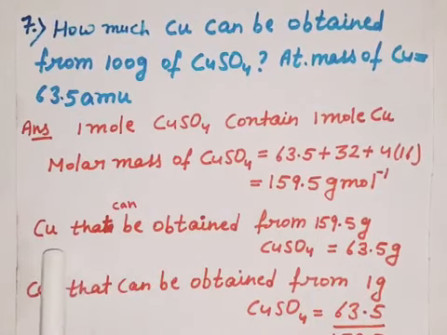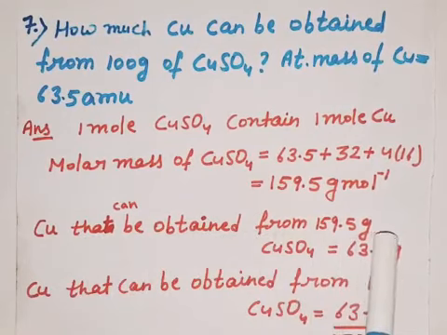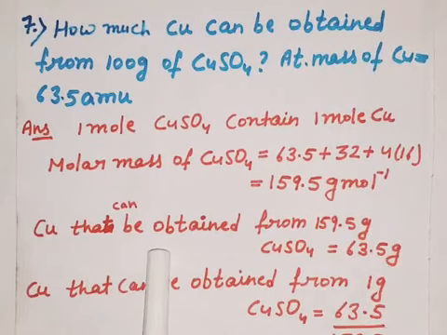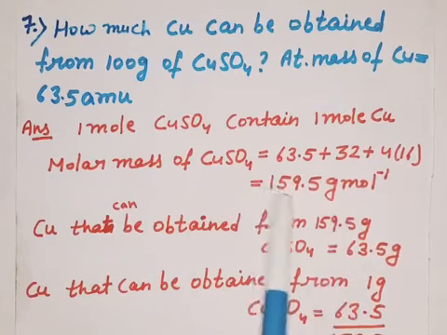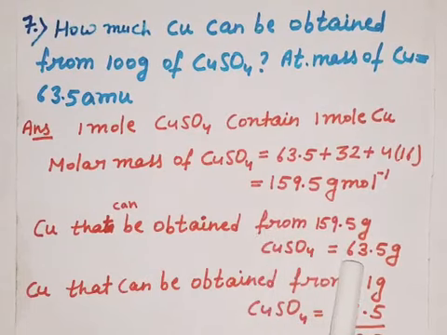So here we can find the molar mass of copper sulfate. Now the copper that can be obtained from 159.5 gram of copper sulfate is 63.5 gram. The meaning of this line is that in 159.5 gram of copper sulfate, the amount of copper present is equal to 63.5 gram.